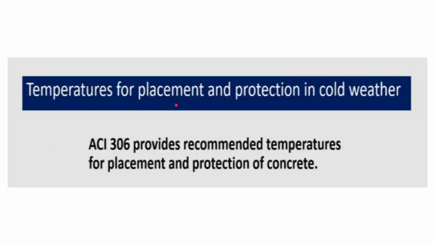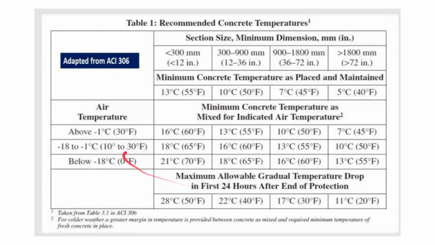Now, temperatures for placement and protection in cold weather. For this, ACI 306 provides some recommendations which we can follow. These will be shown in a tabulated way in the next slide.